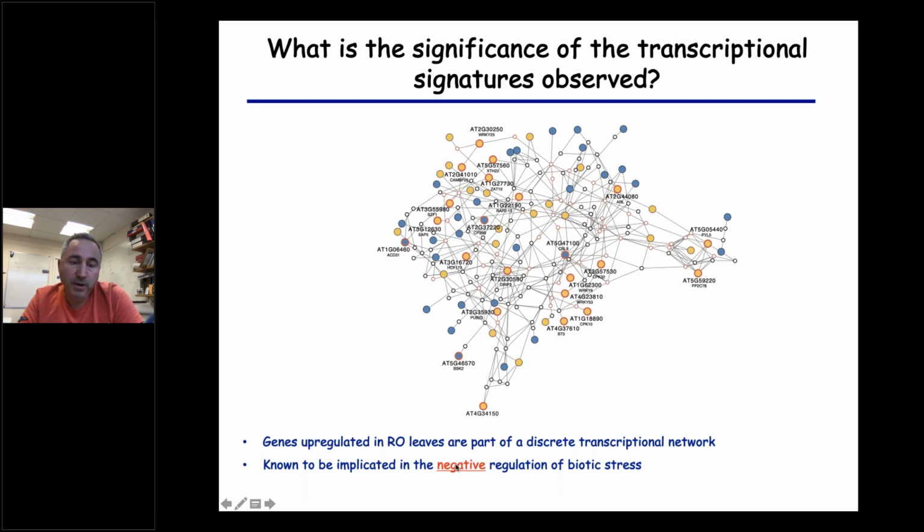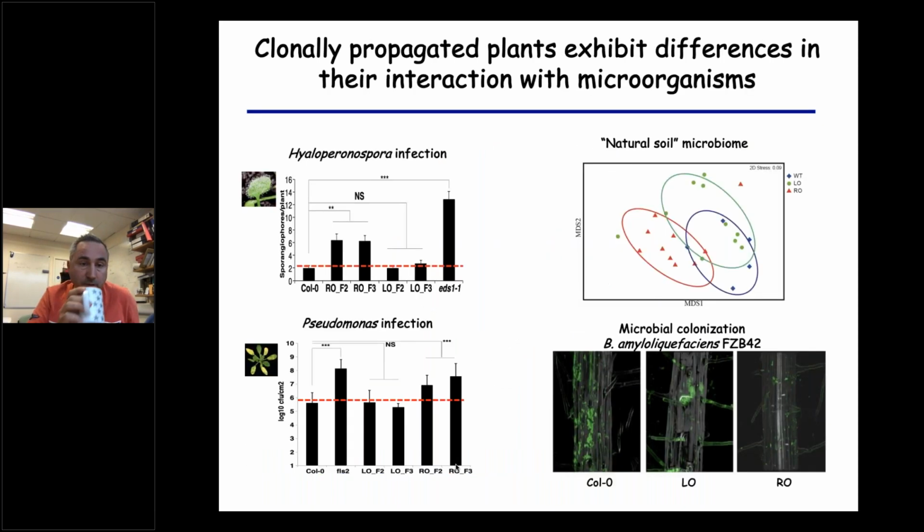These genes were implicated in the negative regulation of biotic stresses, in particular relationship with microorganisms. So if this is the case, then we would expect some phenotypes when plants are challenged with pathogens, for instance. So this is what we did. So we took plants.